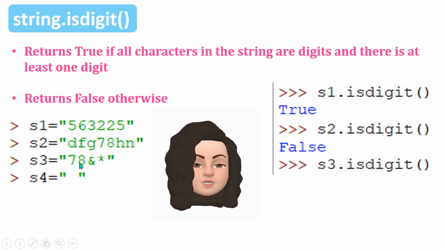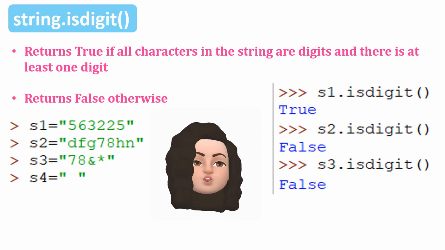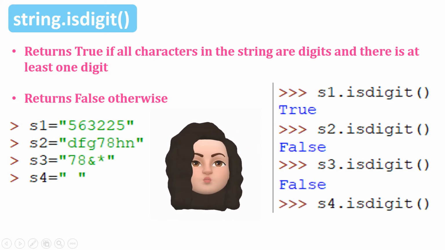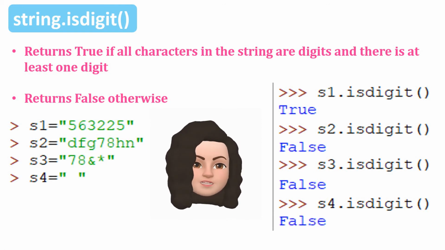S3 is a string which consists of numbers as well as special characters. Special characters are not allowed, hence S3 dot isdigit gives false. And S4 dot isdigit. S4 is an empty string, there should be minimum at least one digit. Here there are no numbers at all, hence S4 dot isdigit will return false.